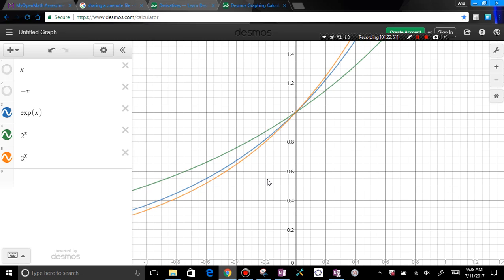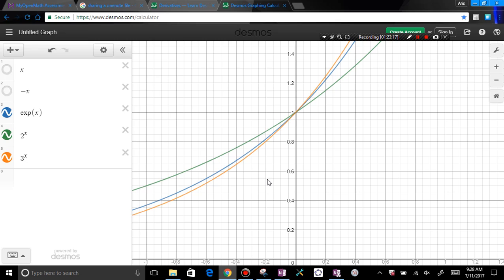We know, obviously, e is between 2 and 3. So as you move to the right, 3 to the x is just going to end up crushing everything, right? Because it's the bigger base. But before 0 is the complete opposite. It's like the power is now negative and you flip it. Before 0, x is negative, x is the exponent, and so you're flipping everything. And that's why the order changes.